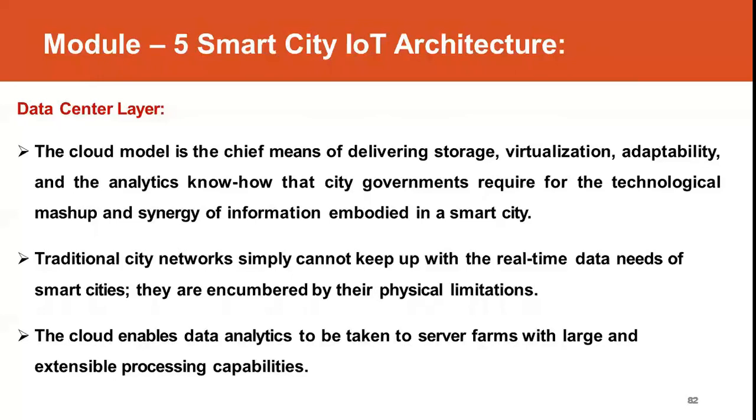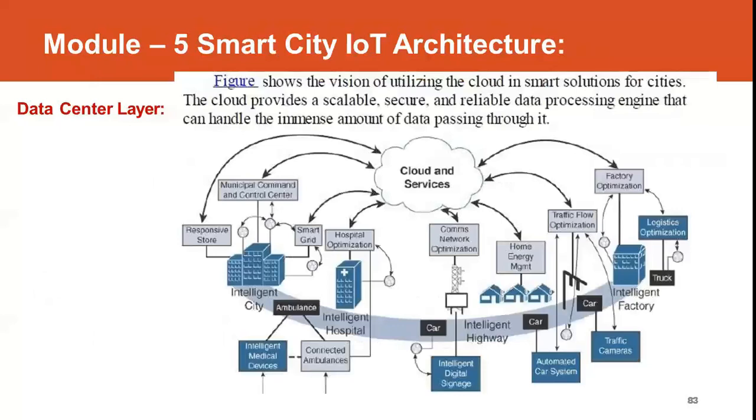Also, cloud enables data analytics, so that a large amount of data can be processed. So this is the data center. This is a vision of utilizing the cloud in smart city solutions, so that it is scalable, secure, and reliable also.